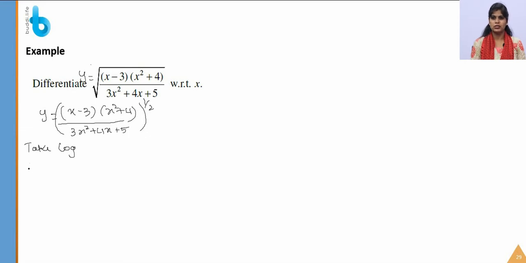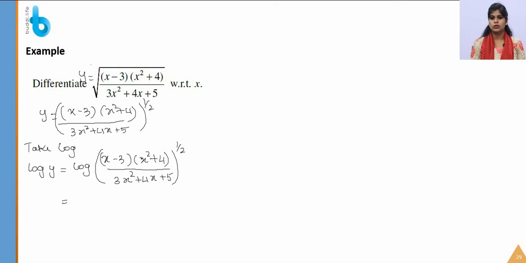So you can write log y equal to log of [(x minus 3)(x square plus 4) divided by (3x square plus 4x plus 5)] the whole power 1 by 2.